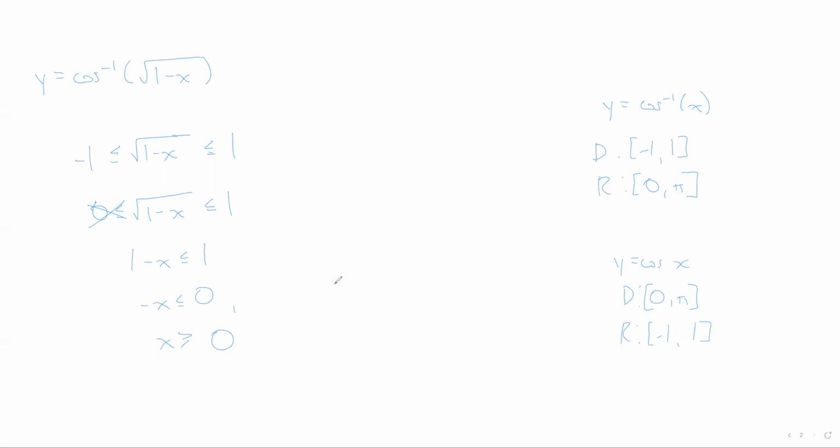I replaced it with 0 because there's no way this square root expression here is ever going to give us anything negative, right? So it seems to me the domain is going to be between 0 and 1. But I'm not sure why solving for it this way didn't give that.